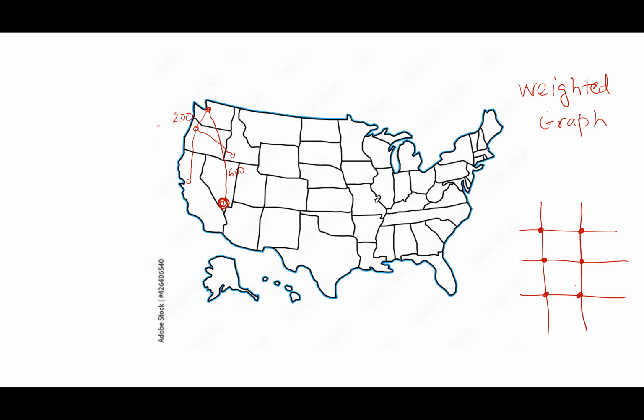Now, in the downtown, sometimes these roads are one-way roads, so it's like this. Each of these roads has a distance between them. So this is, say, 1 mile, this is 2 miles.